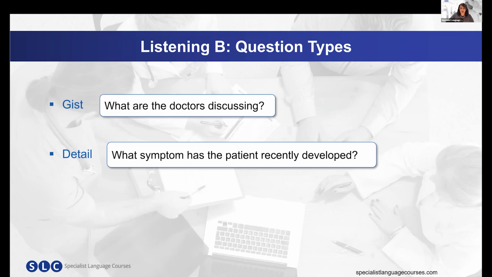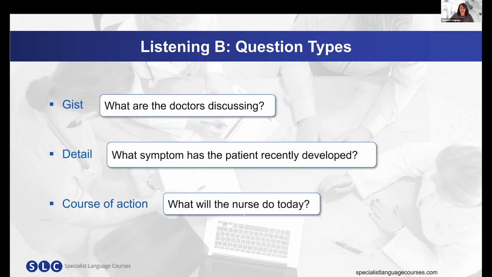Here you may listen to somebody describing a collection of symptoms, but you're listening specifically for the one that the patient has developed most recently or a short time ago. Or you may have a course of action question. For these, you need to listen for what needs to happen next. What is the course of action? For example, what will the nurse do today?